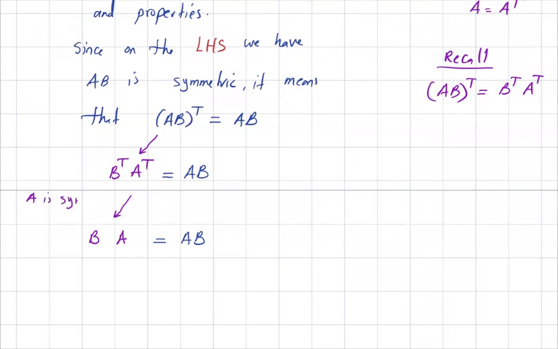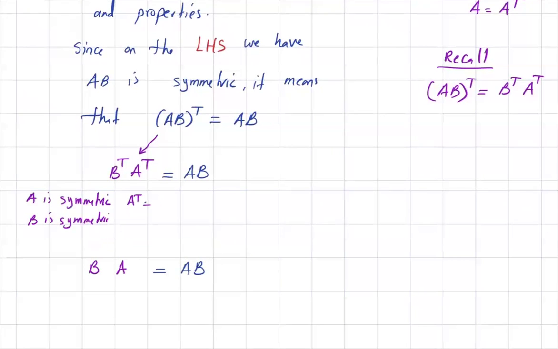A is symmetric, B is symmetric. So basically, A times B is equal to B times A using the definition and properties of being symmetric.